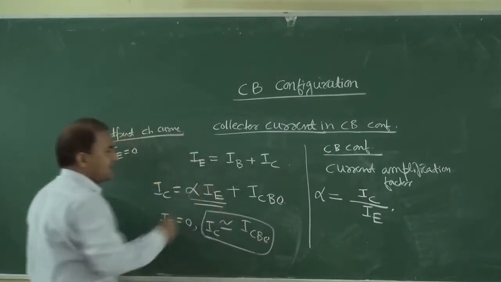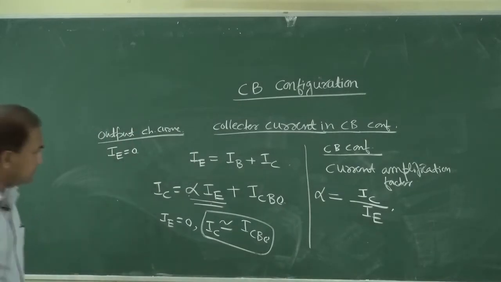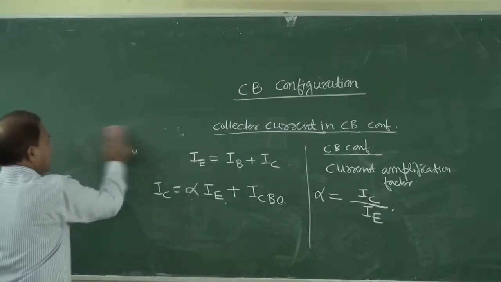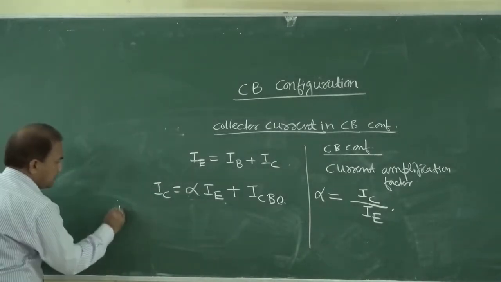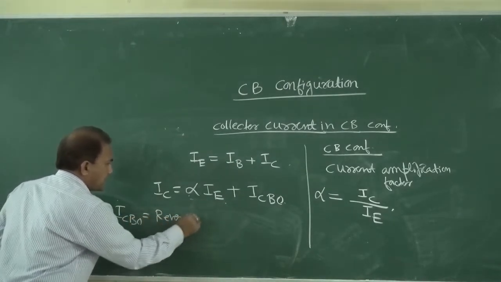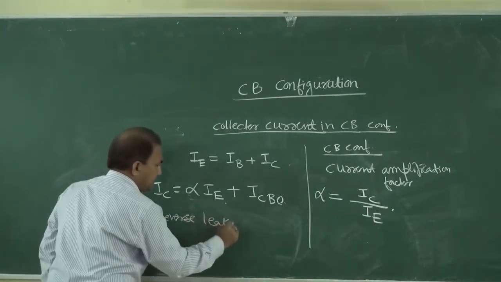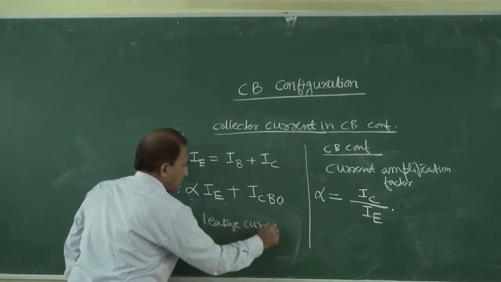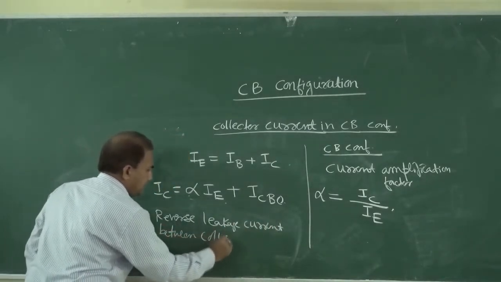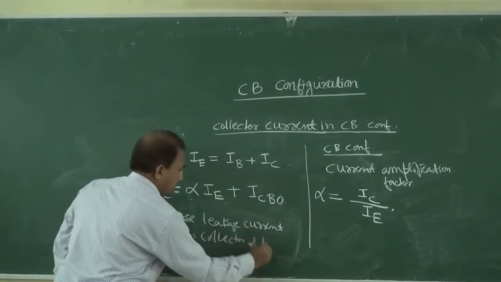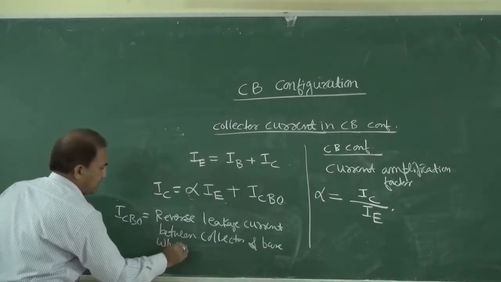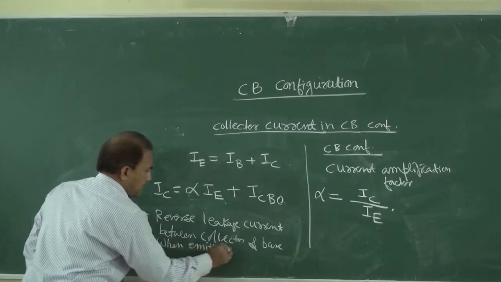So what is ICBO? ICBO is the reverse leakage current between collector and base when the emitter is open.